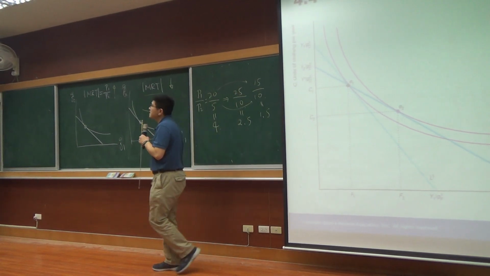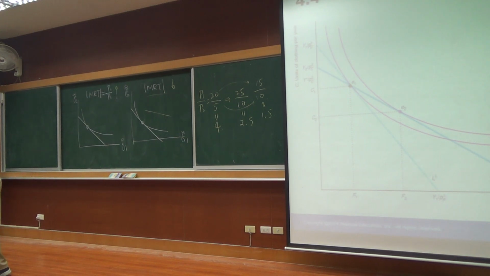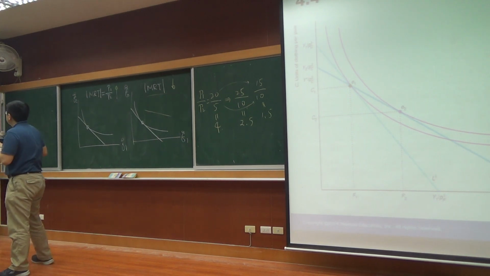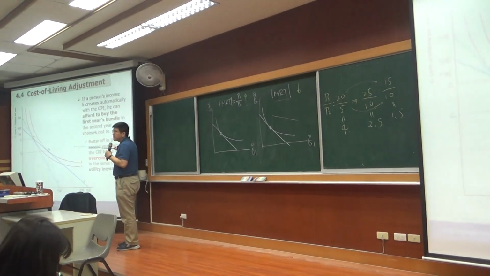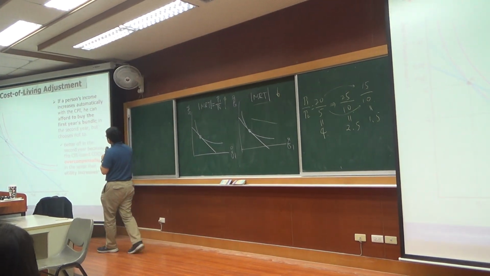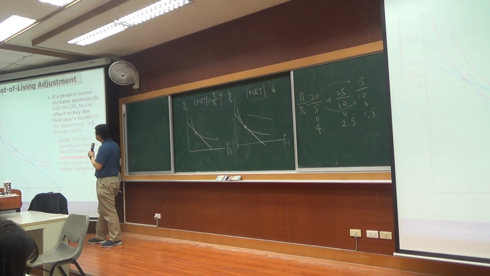But another requirement for a COLA, the CPI-based COLA, is that we want to compensate the consumer so that he or she can afford to buy the first year's bundle.